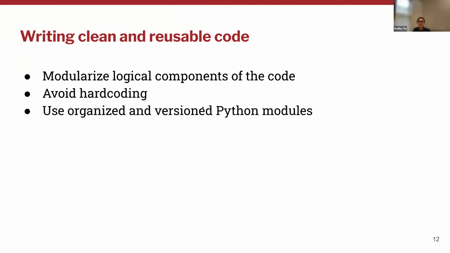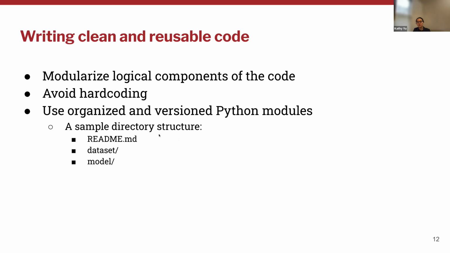Why? The first thing is Python modules can be cleanly organized into hierarchical structures. So a sample directory structure might look like this. You might have a README file that explains what your code does. You might have a dataset directory that holds everything you have for creating datasets and data loaders. You might have a model directory that holds how you define your model, let's say the alphabet model, and all of the supporting components.